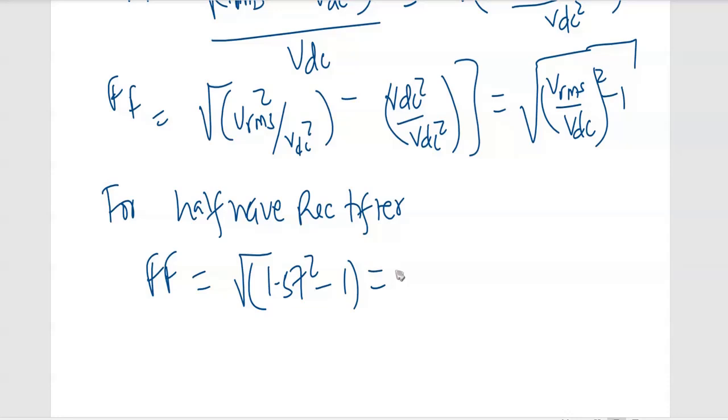I take 1.57 squared, minus 1, take the root, and I have 1.21. That's the form factor for a half wave rectifier.